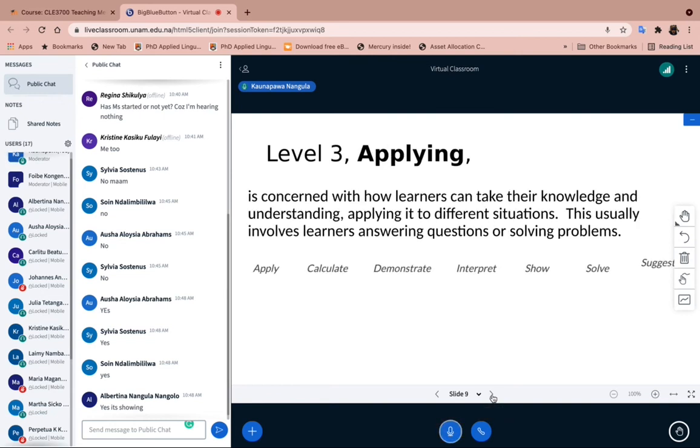And then we have the third level, which is applying, and this level is concerned with how learners can take their knowledge and understanding and apply it to different situations. This usually involves learners answering questions and or solving problems. All right.